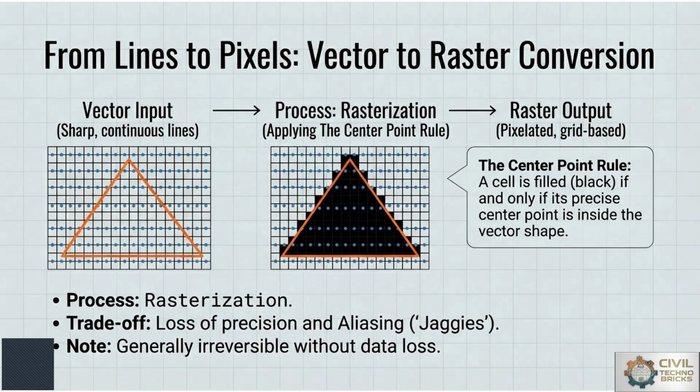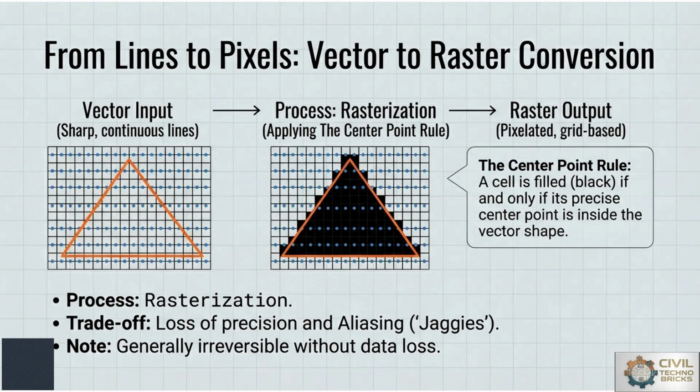The process is called rasterization, where continuous vector shapes are transformed into pixel-based raster cells. In GIS software, this conversion is commonly required for spatial analysis, terrain modeling, and image processing applications.